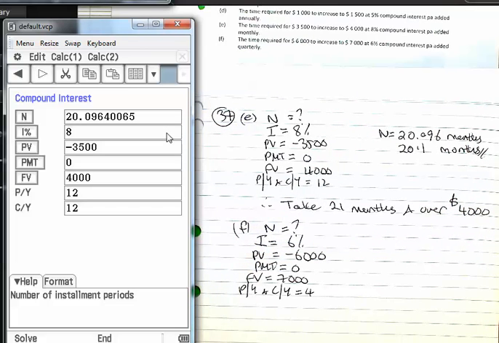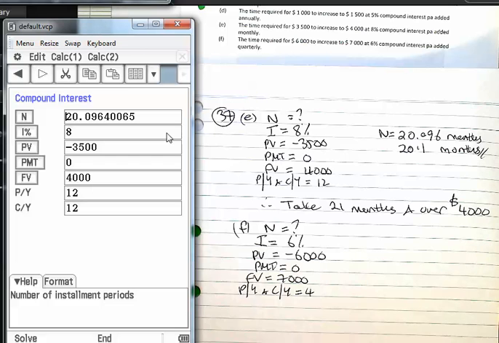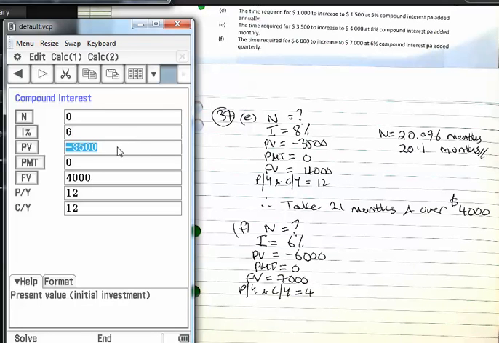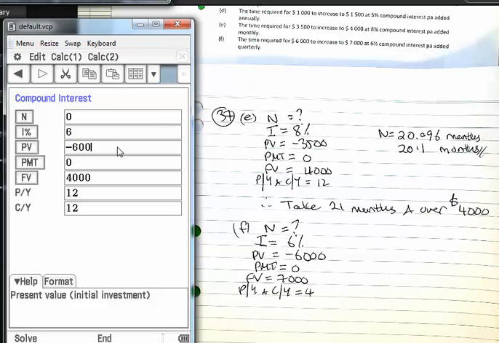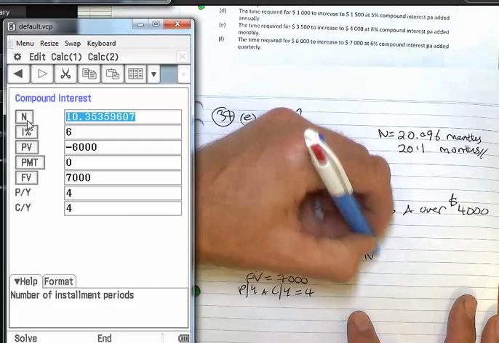In a very similar way, setting F up, I'll work it through. Very easy to overtype on these. So 6, payment of 0, 7,000 in this instance, payment and compounding 4 times a year, and 10.35 quarters.